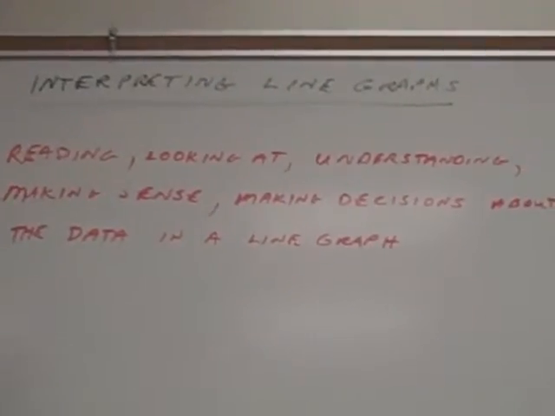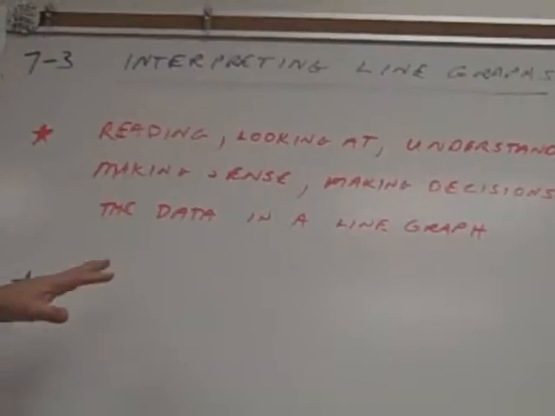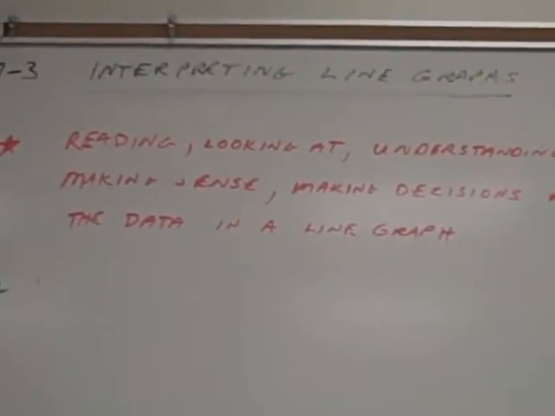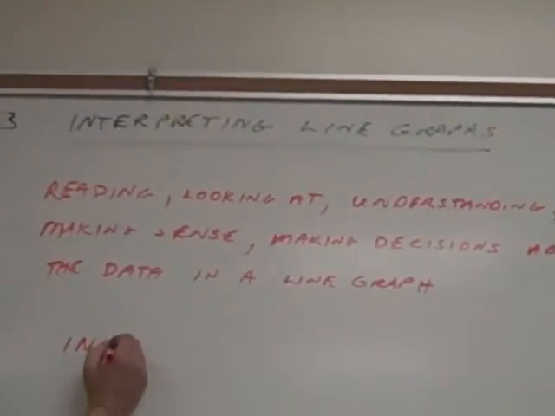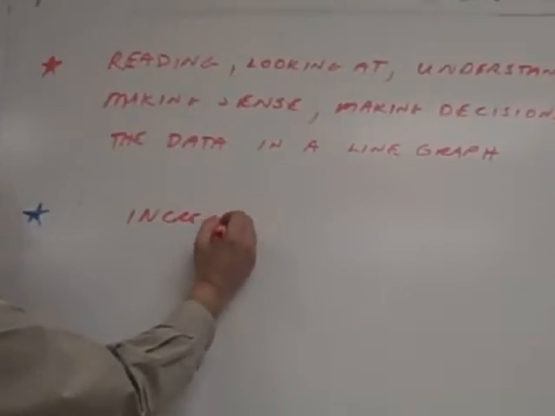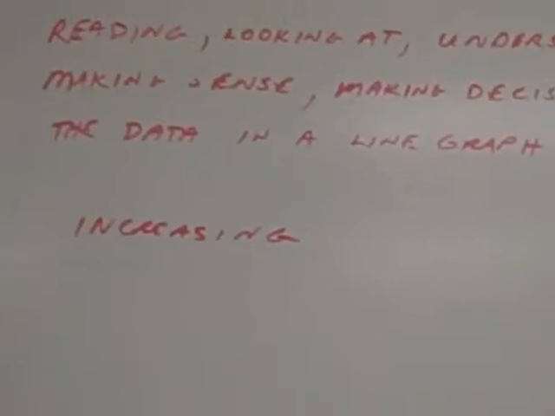All right? So, when we read, look at, understand, make sense, make decisions about data in a line graph, we will be answering questions like, can we see increasing? How can we tell if a line graph increases? It goes up. It goes up from left to right.